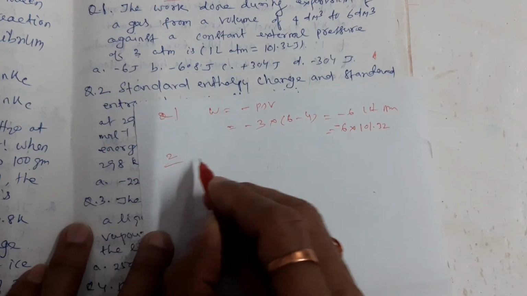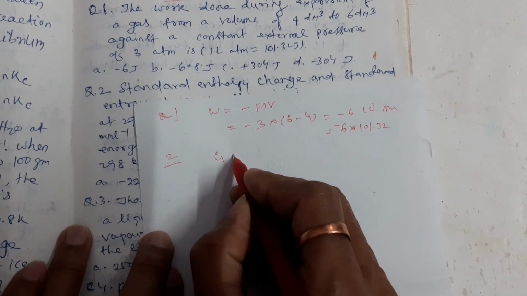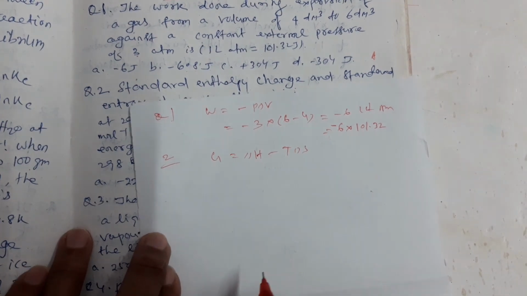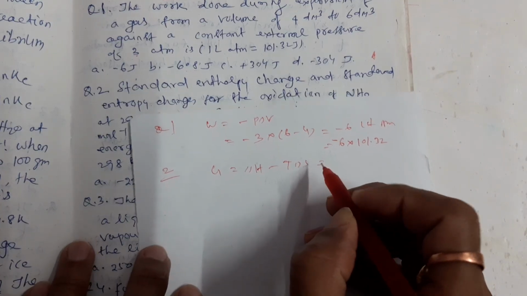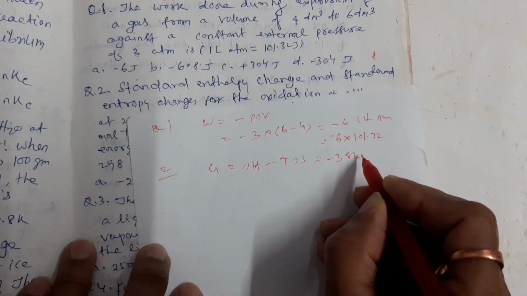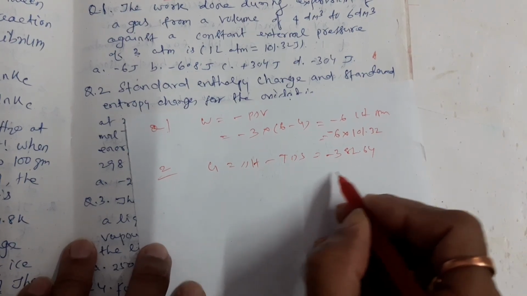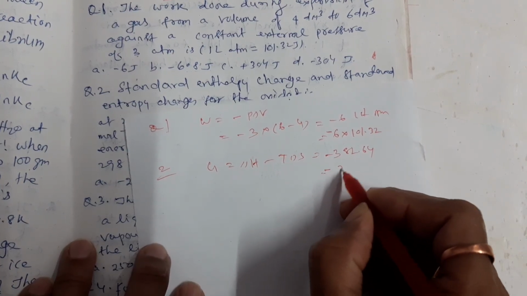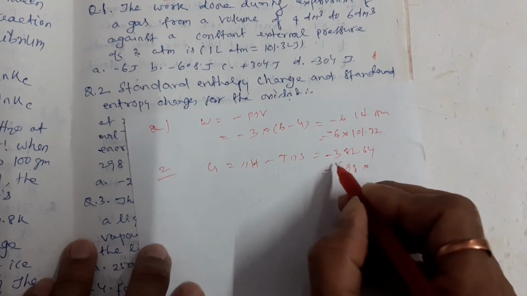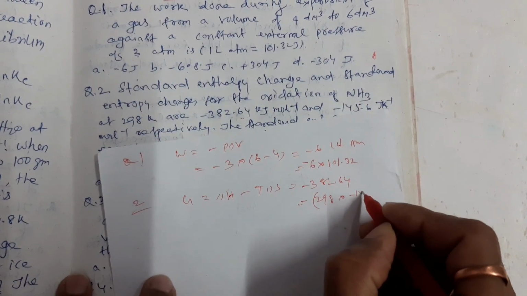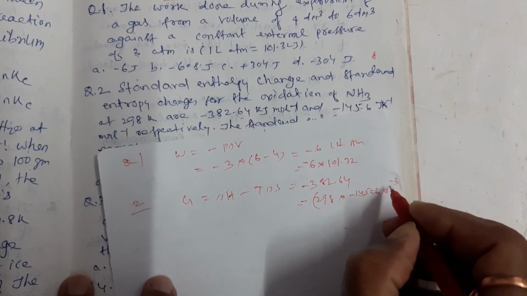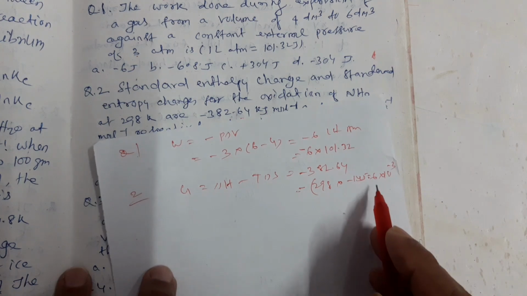So Gibbs energy, question number 2: G is equal to delta H minus T delta S. Delta H is minus 382.64, minus T, 298, multiplied by delta S, minus 145.6 multiplied by 10 to the power minus 3, because it is in joule, so you have to convert to kilojoule.